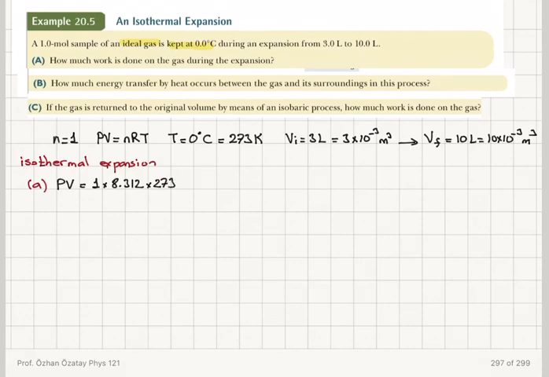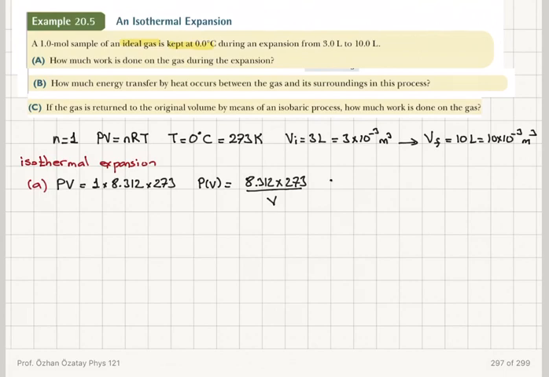So pressure times volume must be equal to this number. And therefore, the pressure changes as a function of volume: 8.312 times 273 divided by the volume, and this volume must be in meter cube.